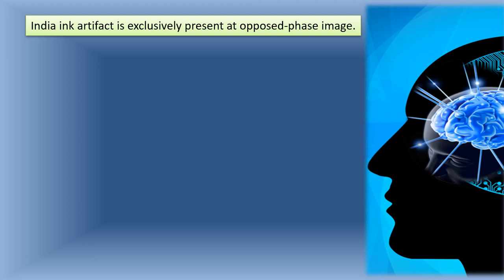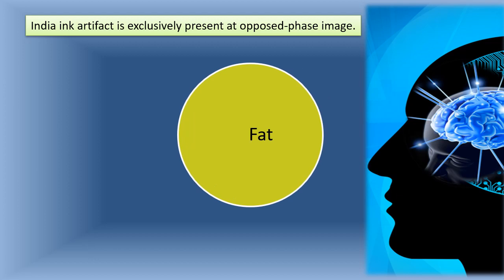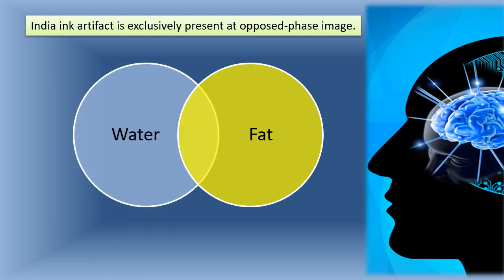Okay, let us discuss the formation of the India ink artifact. If we have a scan of the abdomen, and this scan contains abdominal fat and, at the same time, abdominal organs like liver or kidney, and these organs usually contain water, then we have two components: the water component in the abdominal organs and the fat component in the abdominal fat.